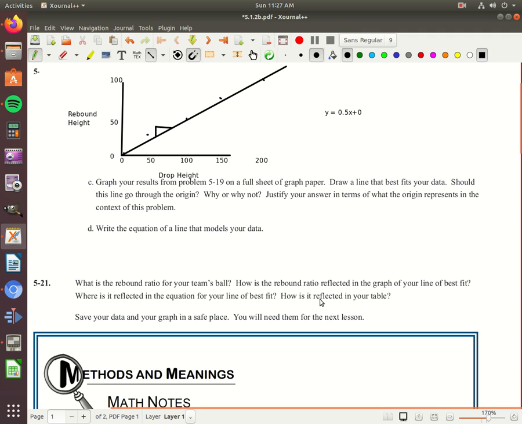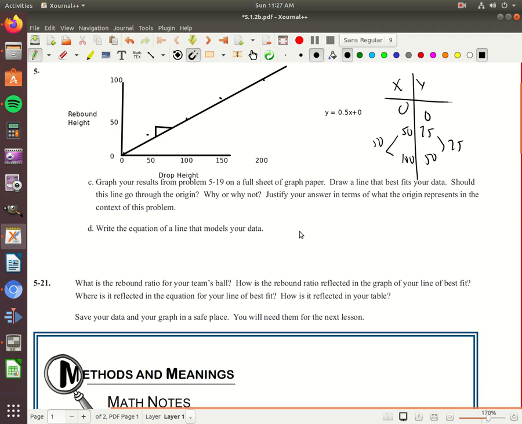And how is it reflected in your table? Well, it would be reflected in the table. Again, we don't really have our table here anymore, but if we did, it was just going to be our change in y divided by our change in x, right?